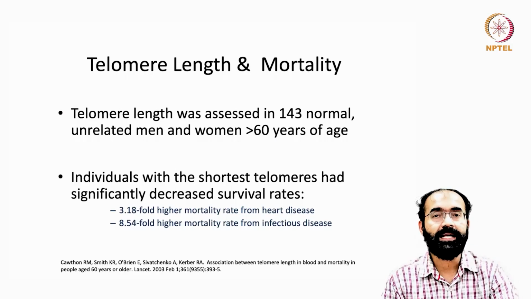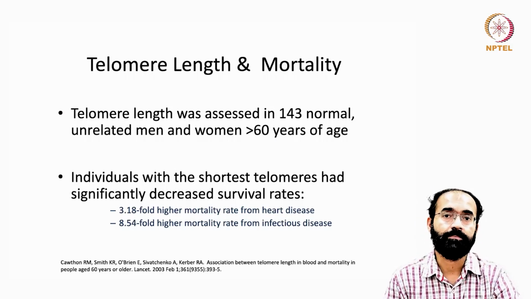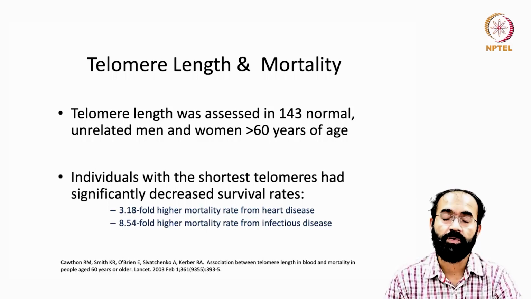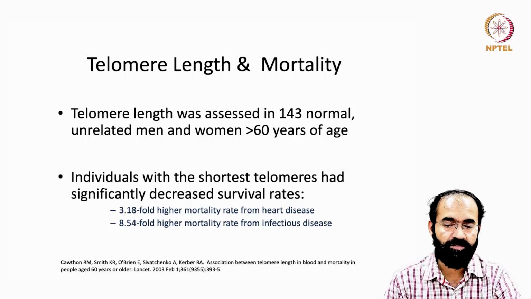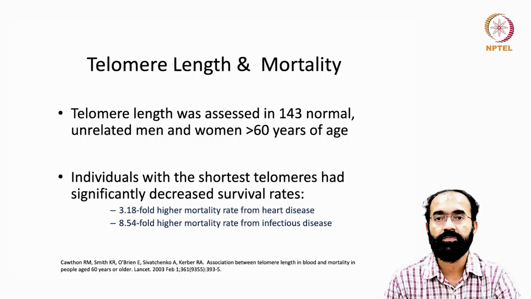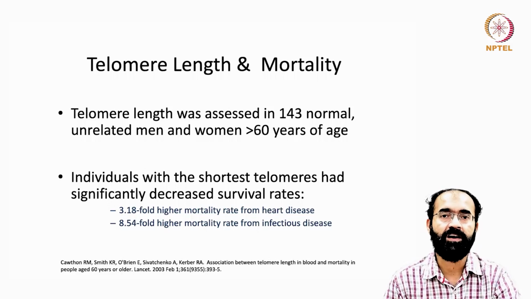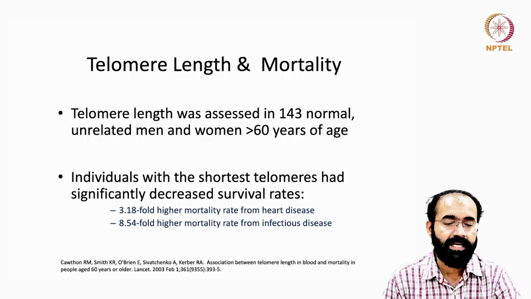So telomere length and mortality is a solid connection, a strong interrelationship for mortality of a cell or even an organism. Telomere length was assessed in 143 normal unrelated men and women who are more than 60 years of age, basically in the second half of their lifespan.